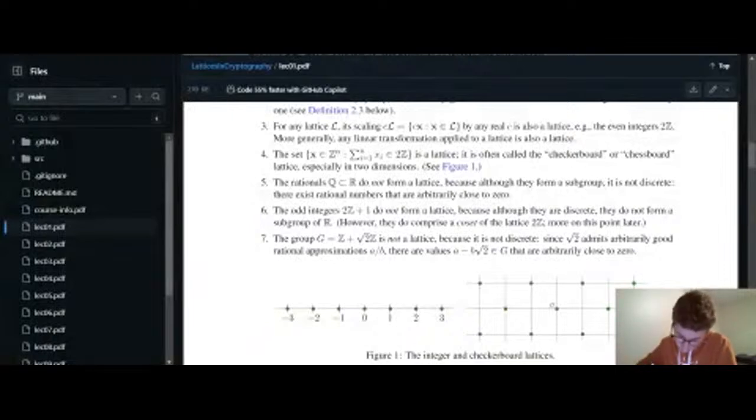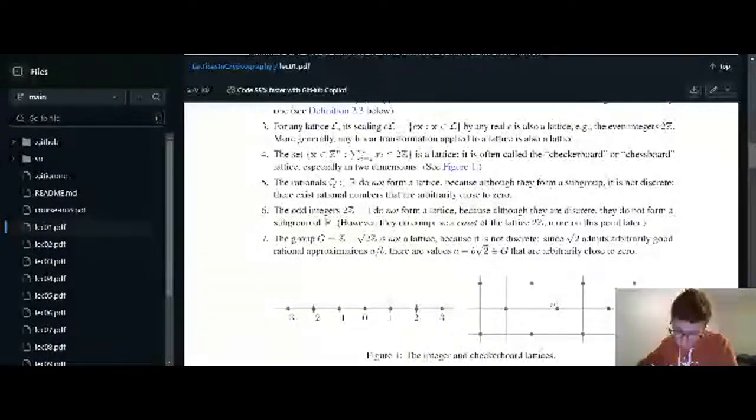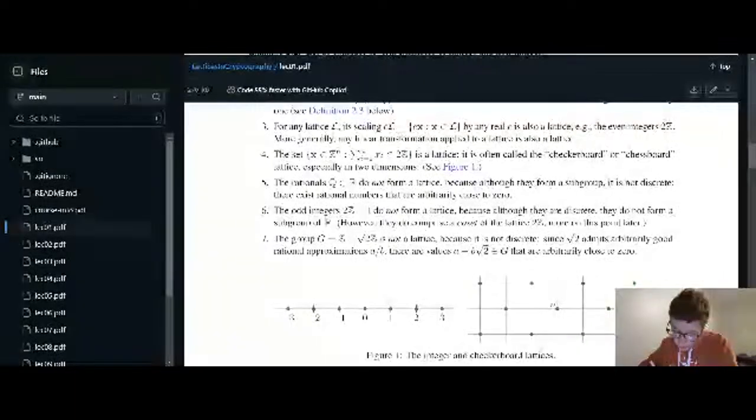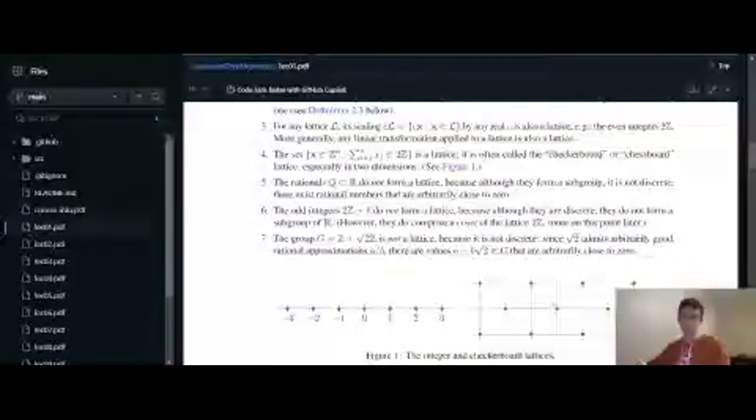So x1 is 0, which equals 0. And does 0 span 2z? Yes, it does. So this is a valid point. 1, 0: we're going to take 1. So essentially, we're adding up and checking 2z. No. How about 1, 1?